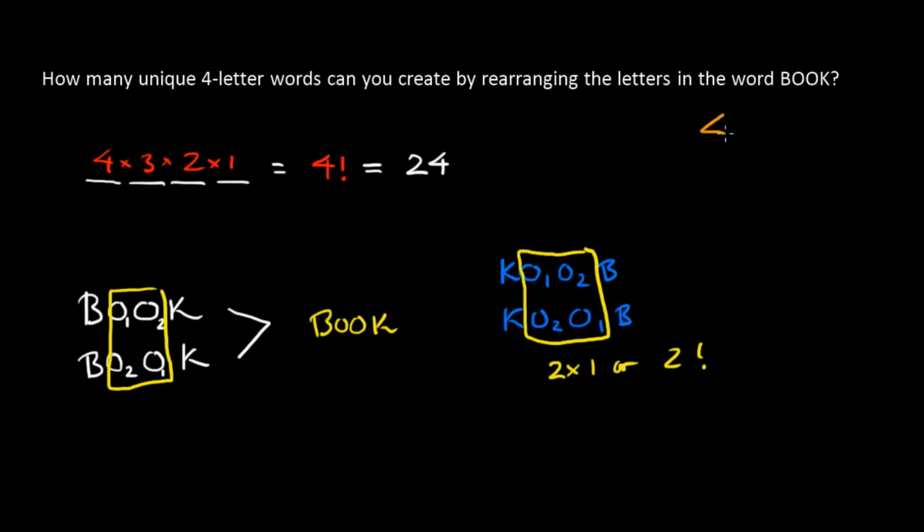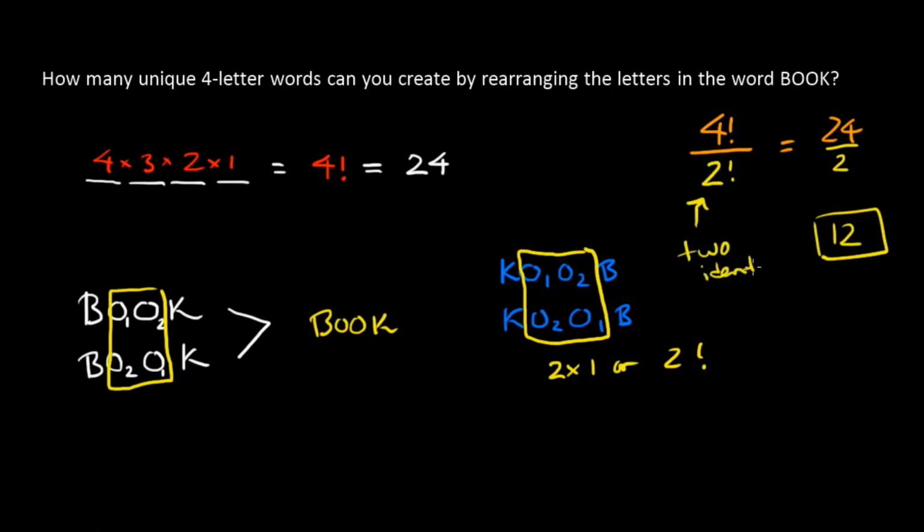We would start off with our 4 factorial, which of course is 24, and we would have to divide it by 2 factorial, which of course is also 2, to get our correct answer of 12. Now why is this 2 factorial here? Of course that's because we have exactly 2 identical letters. Of course, identical O's.